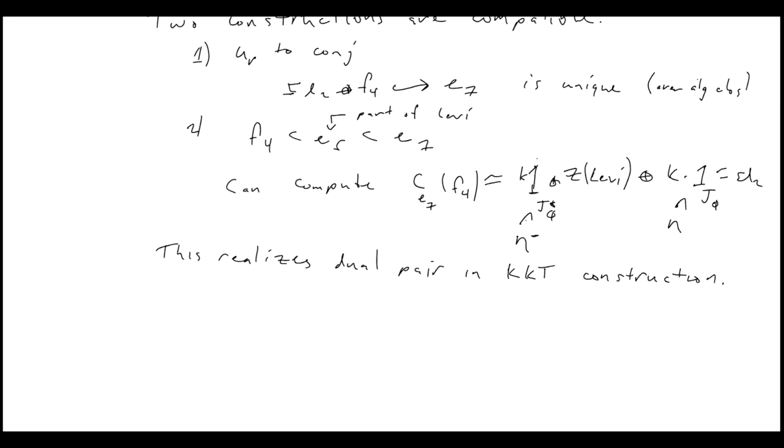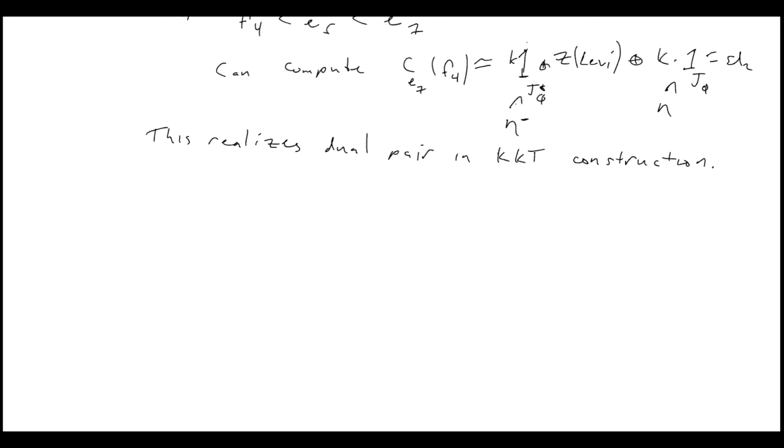All right. Okay, now let me say just a few very basic things about the theta correspondence, what the goal of a theta correspondence is, and then we'll actually get into the exceptional theta correspondence.